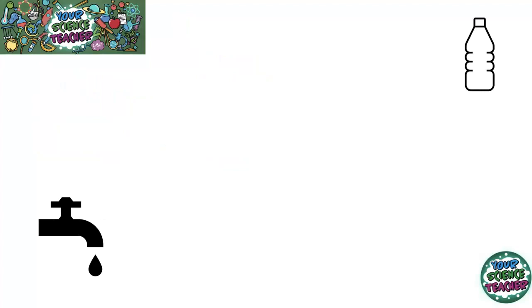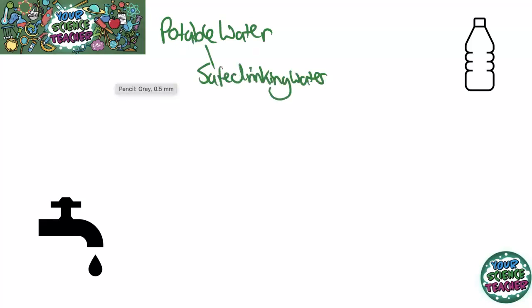For this next part of the topic, we're going to look at where we get our water from, and we call our safe drinking water potable water, and this just means safe drinking water. Now, in the UK, we get our water from a few main sources.